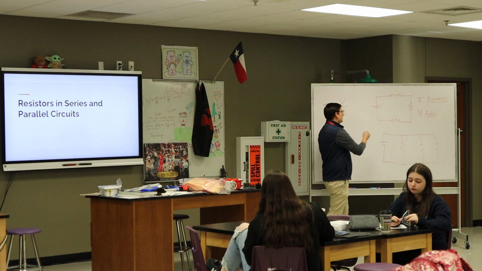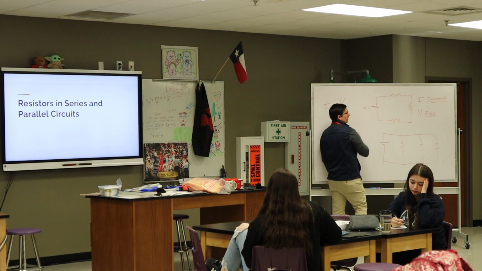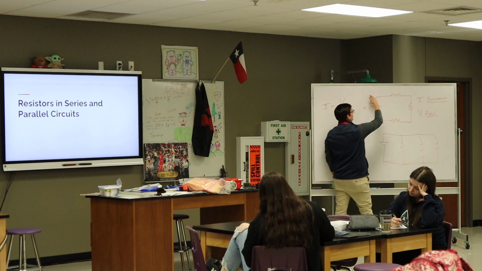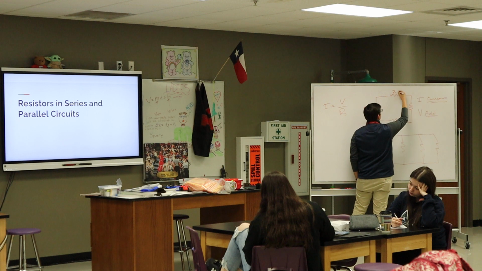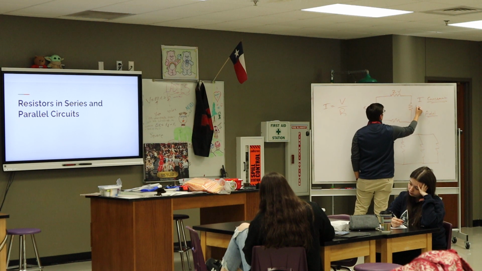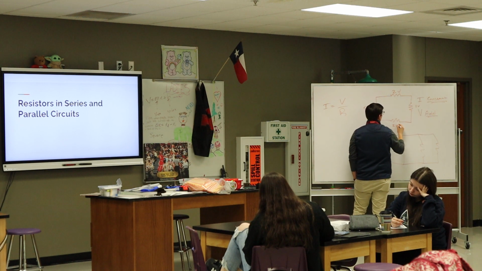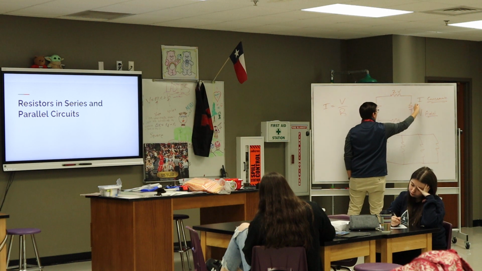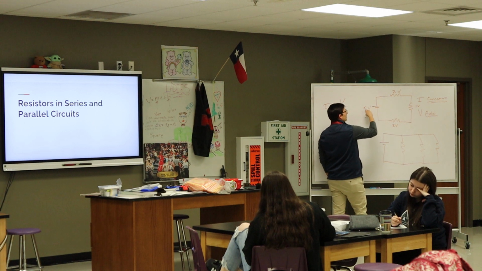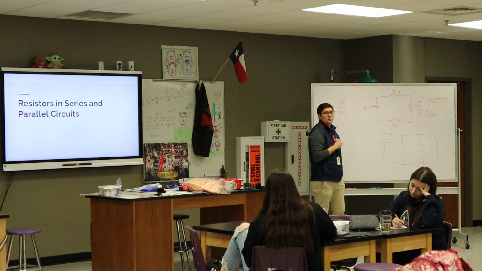So if this is a 5-volt battery, as I go around the circuit, I may drop 2 volts here, 1 volt here, and 2 volts here, but these are all going to add up to the source. Does that make any sense?